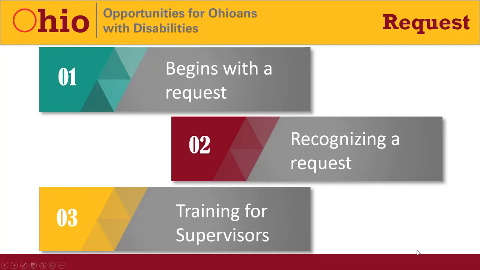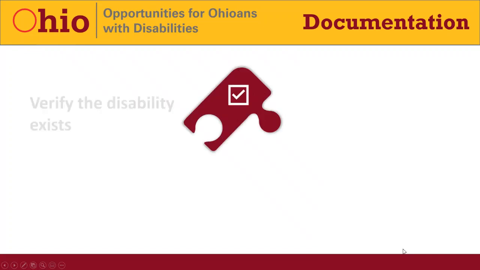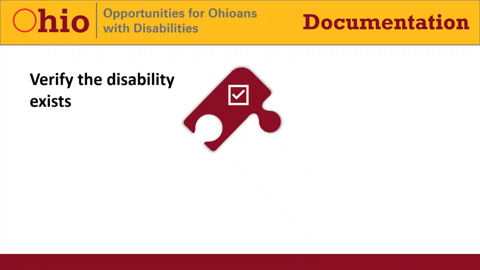What happens next? Dennis, after an employer receives a request for an accommodation, the next step is to verify the disability exists. When the disability and the need for the accommodation are obvious, this verification is simple and quick.